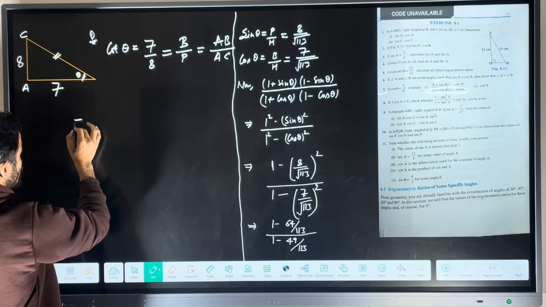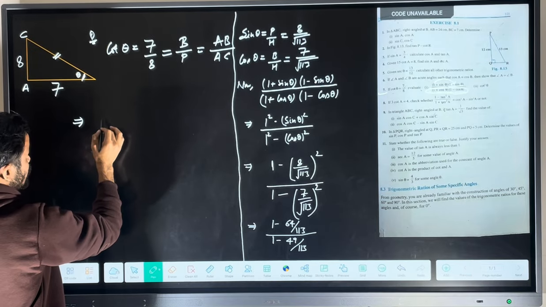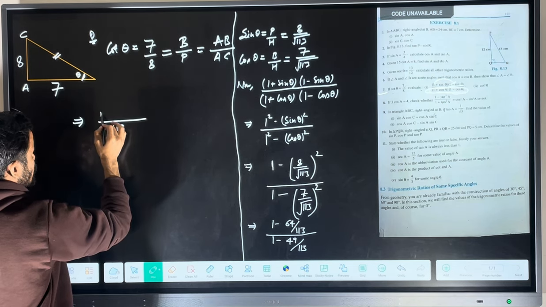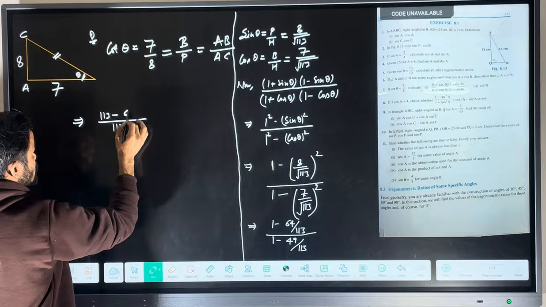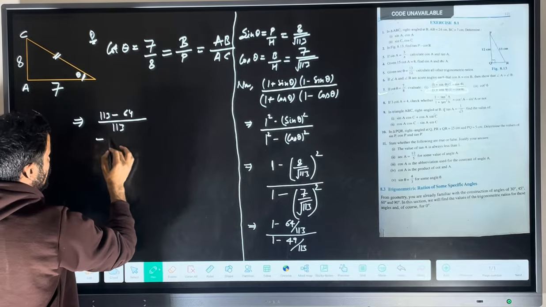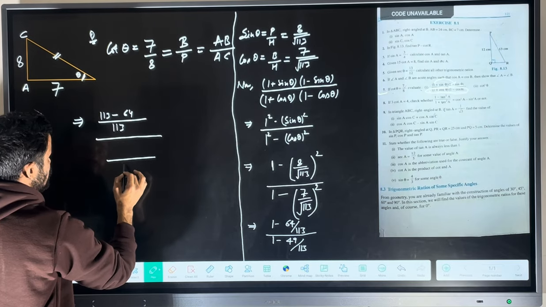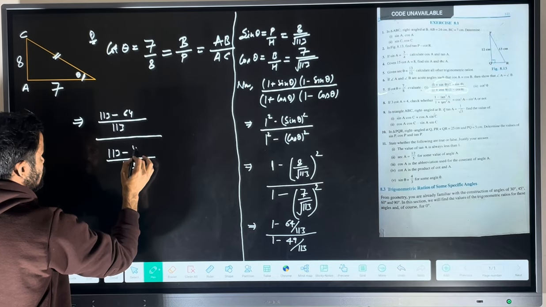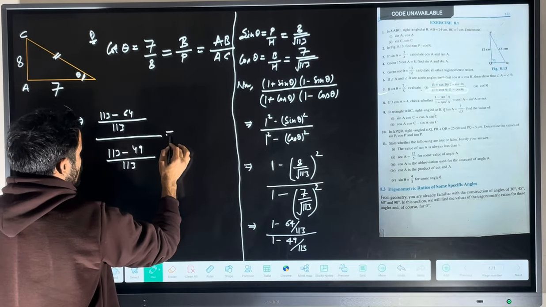If you take the LCM, it will be (113 minus 64) upon (113 minus 49).